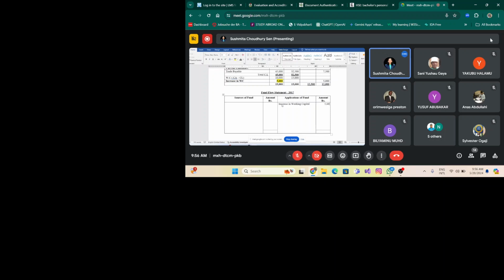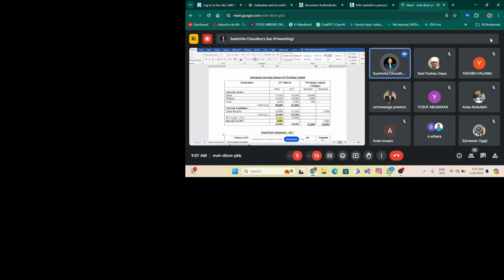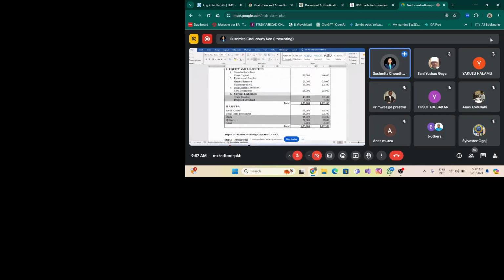Why is this an application? Because previously I managed with only 10,000 rupees. Right now I need 5,000 extra, so I need to apply 5,000 as investment, as capital into the business. This is the outcome of your working capital. By writing this, we also ensure that current liabilities and current assets, which we have already dealt with, we don't need to write again.